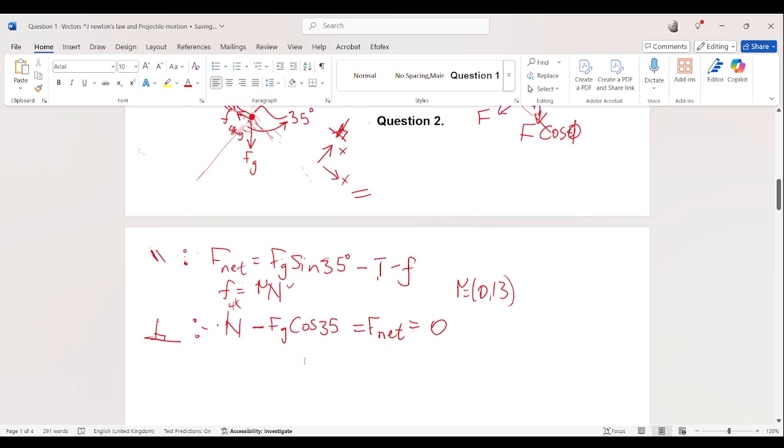Remember, in the perpendicular direction, F net is 0.